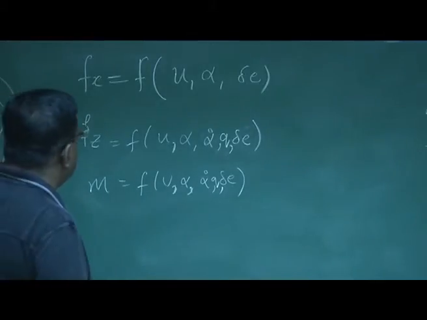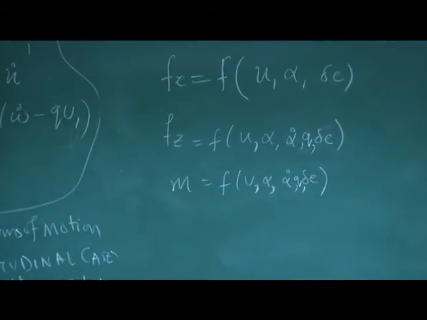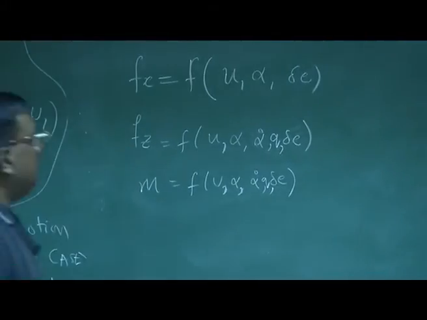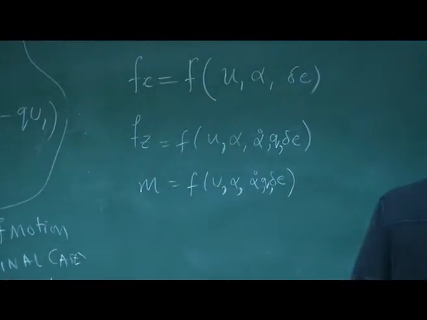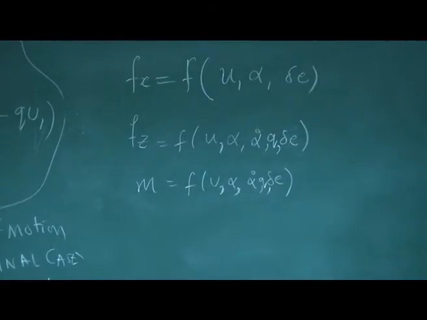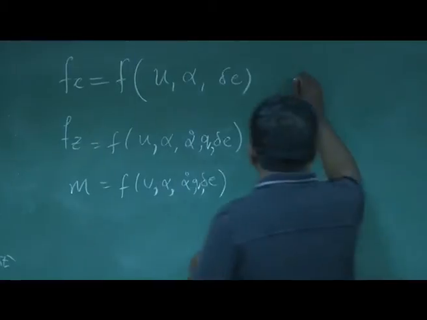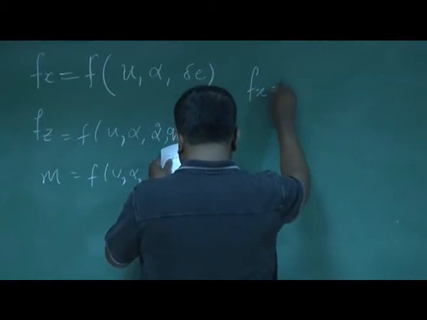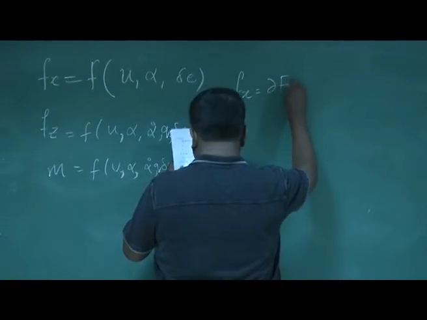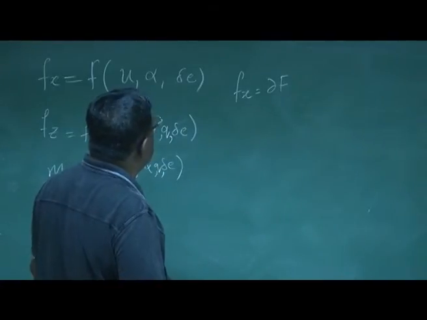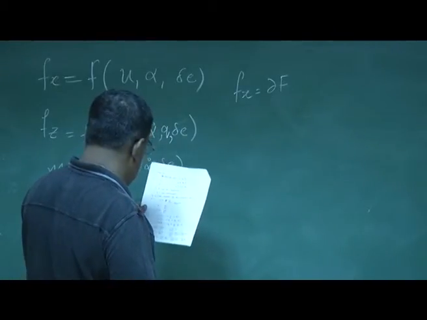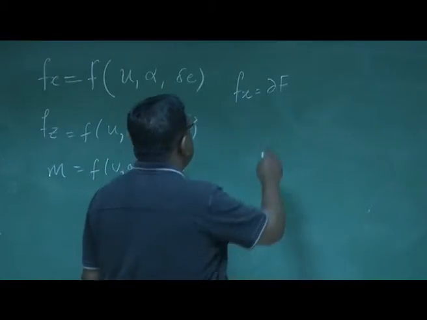Now, since we have assumed it to be a case of small perturbation, we want to take advantage of linear aerodynamics. And then how should I expand Fx? We'll expand Fx taking advantage of linearity.